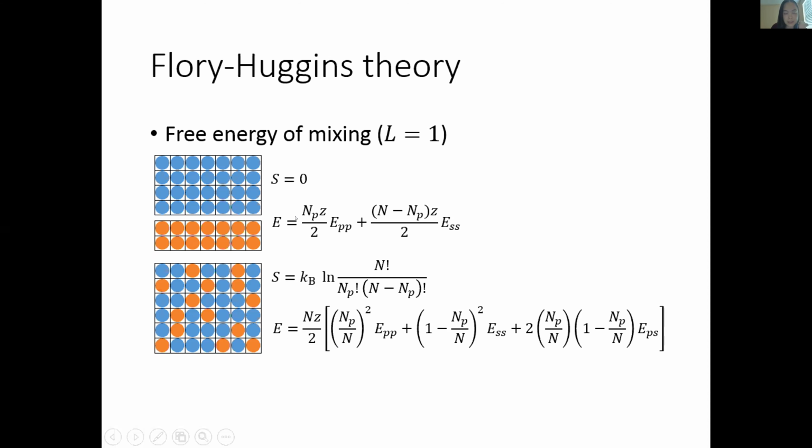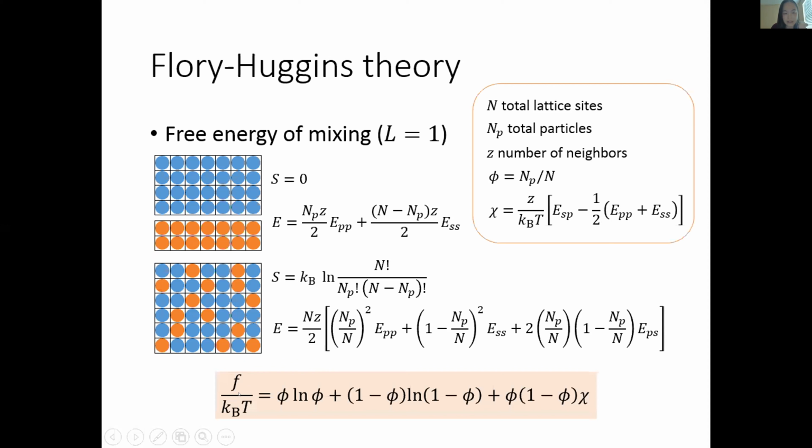Having all of these, if we plug into the free energy expression, we find that the free energy of mixing per lattice site is expressed in this formula, where phi is the fraction of polymers in the lattice, and chi is the interaction parameter, which involves all the neighboring interaction energies, the number of neighboring sites, and also the temperature.